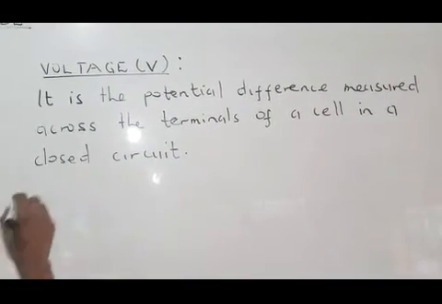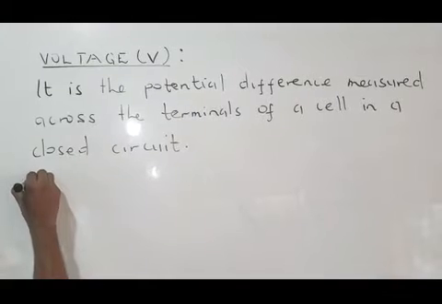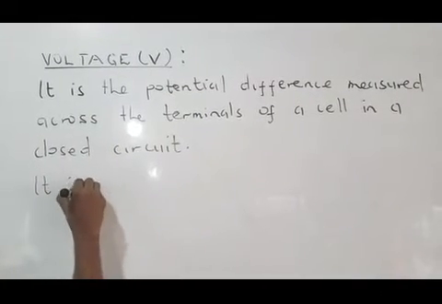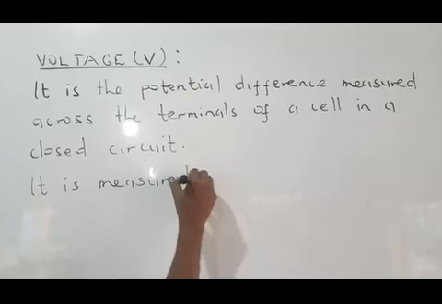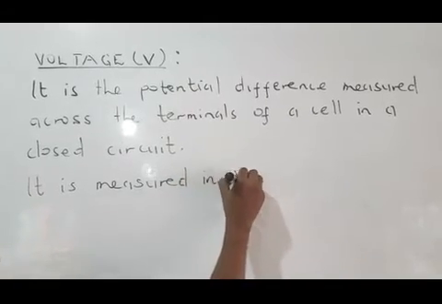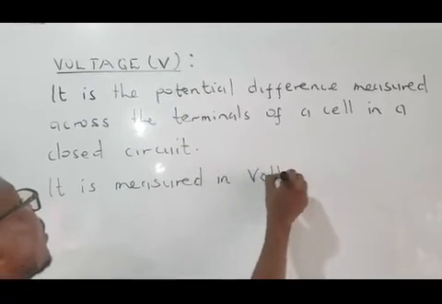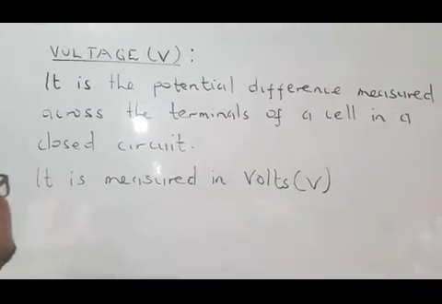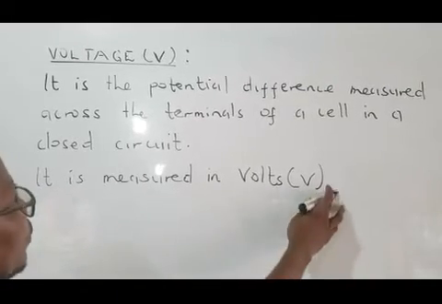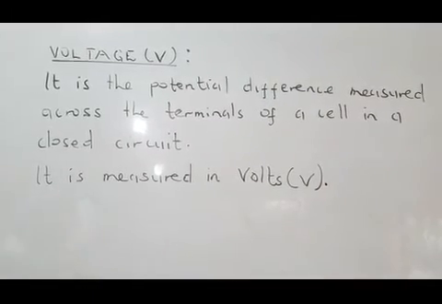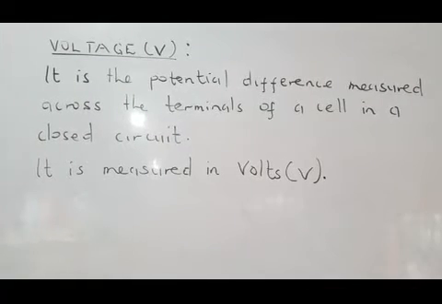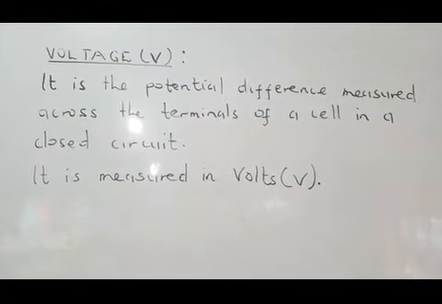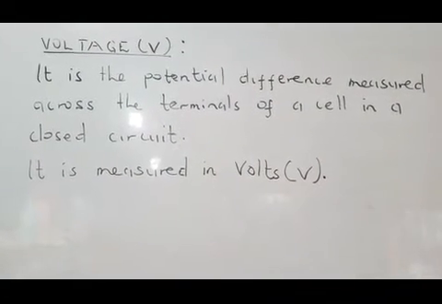Now, the unit of measurement of voltage is also volt. So it is measured in volts. As you can see, all these three terms, PD, EMF, and voltage, they are all measured in volts.